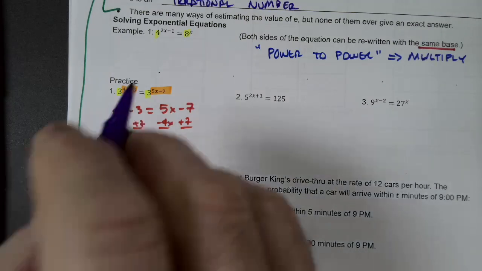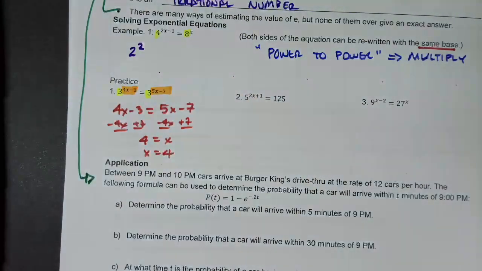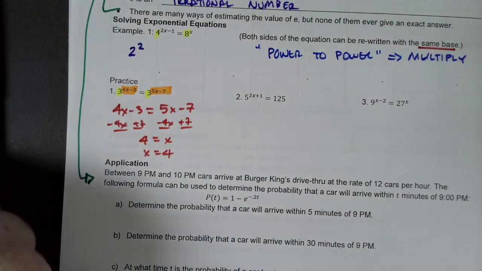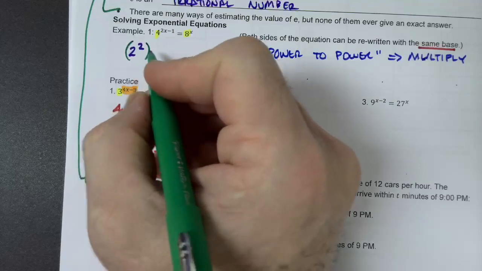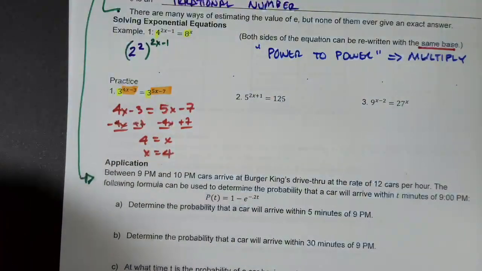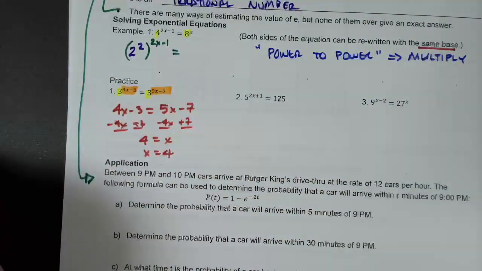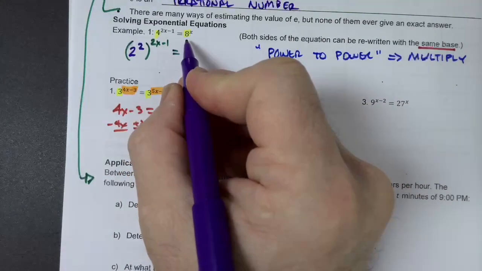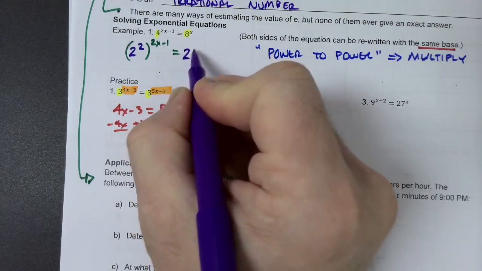Well, the first thing I can recognize is I know that 2 squared is 4. So rather than write 4, I could write this as 2 squared to the 2x minus 1. How does that help me? Well, I can also write 8 as 2 to the what? Third. 2 times 2 times 2. 2 to the third power.